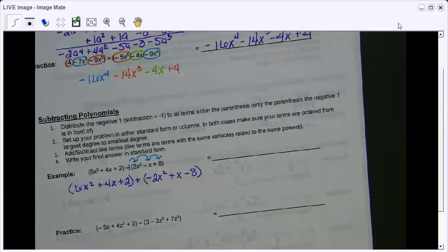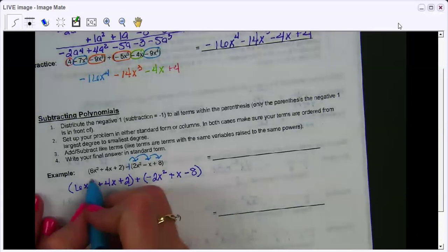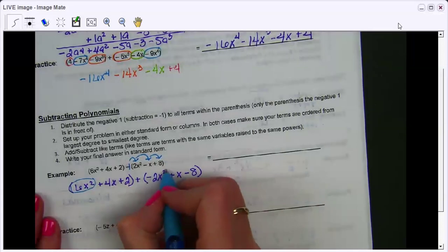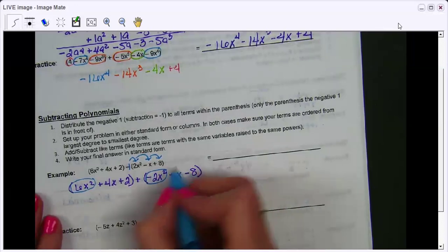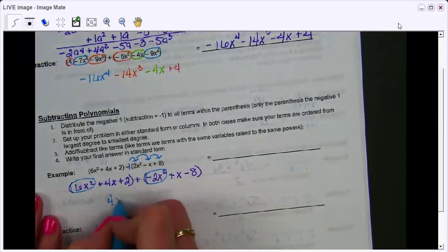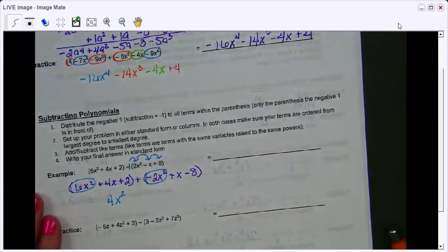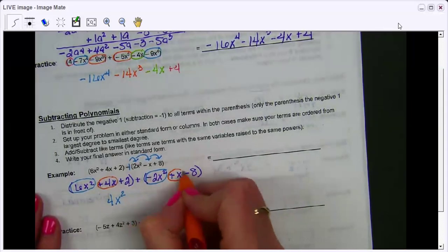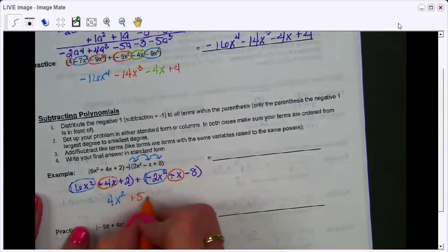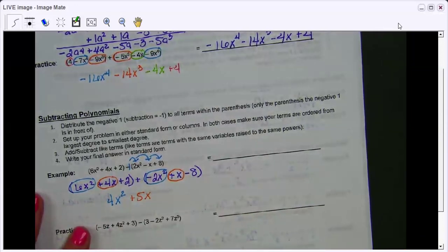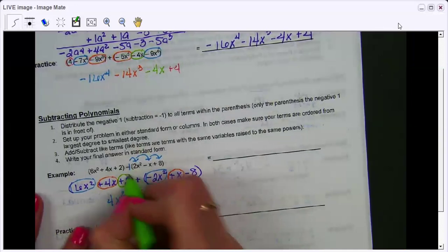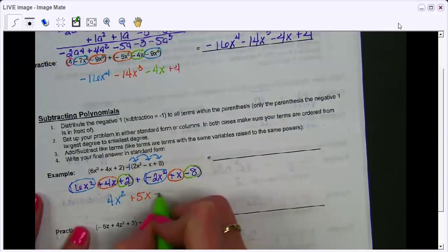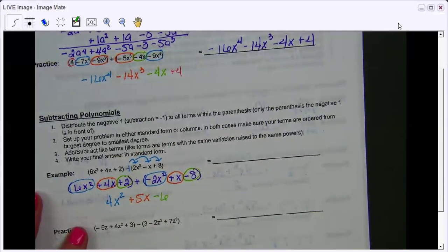And now we're going to combine like terms. Okay, so I have 6x squared and -2x squared, which gives me a 4x squared. I have a positive 4x and a positive 1x, which gives me a positive 5x. And I have a positive 2 and a -8, which gives me a -6. And that's already in standard form.